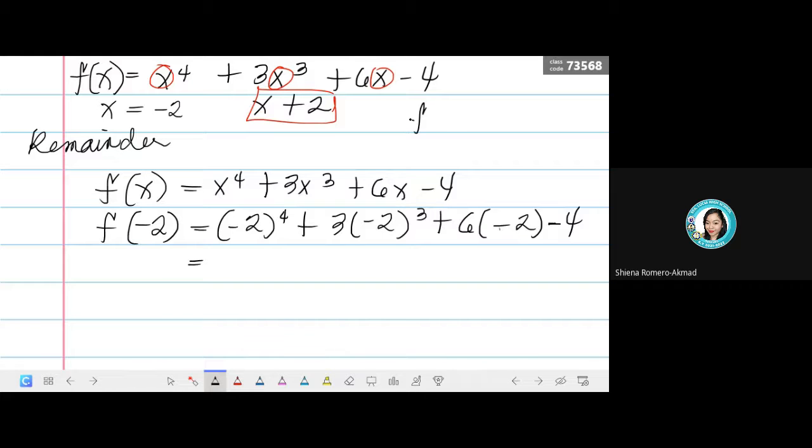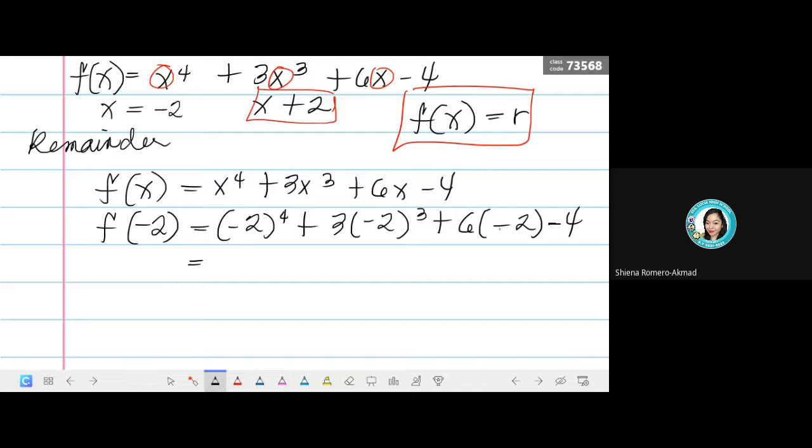Okay? Yung magiging sagot natin mamaya will be the remainder. So let us try. Negative 2 raised to 4. What is the answer? What is negative 2 raised to 4?